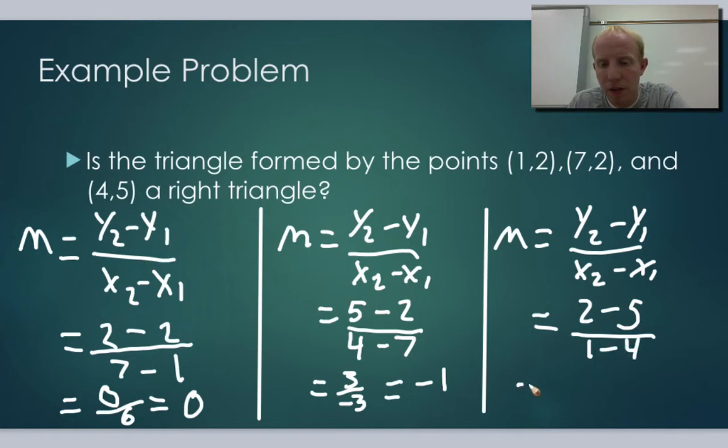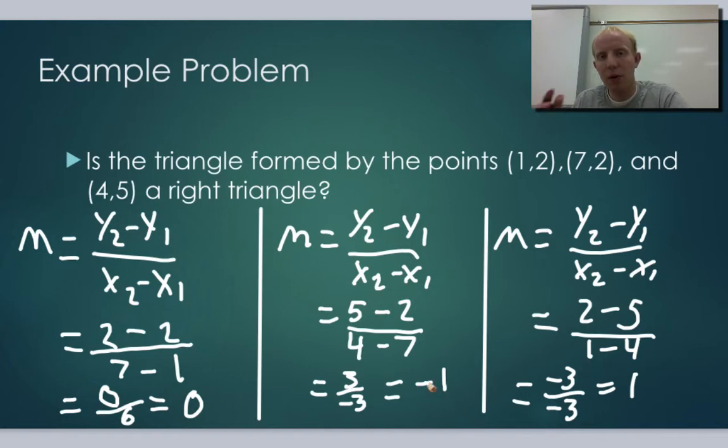That's going to give us 2 minus 5, which is negative 3. 1 minus 4 is also negative 3. When we simplify that out, negative 3 over negative 3 is the same as 1 over 1, or just 1. So now negative 1 and 1 are opposite reciprocals of each other.